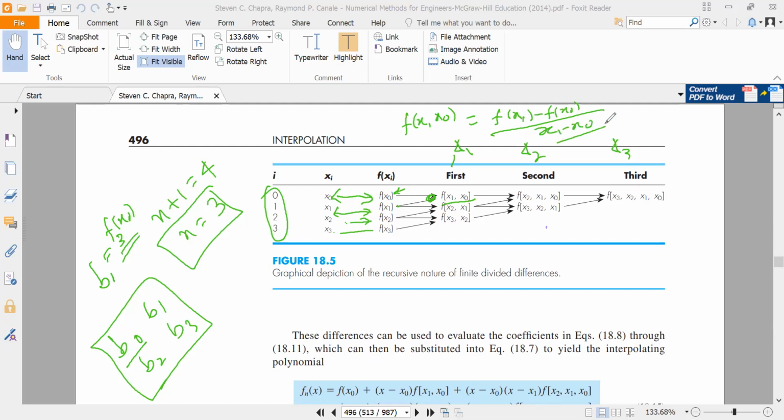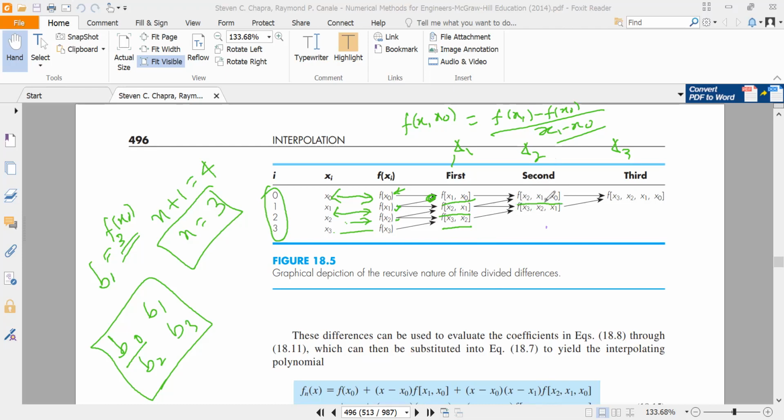Yes, sir. Then we can calculate the next derivative by using x1 and x2. This is equal to f(x2) minus f(x1) divided by x2 minus x1. And your third term will be equal to f(x3) minus f(x2) divided by x3 minus x2. So your first derivatives are calculated. Now we can go to the next step, using the first two to calculate the second derivative.